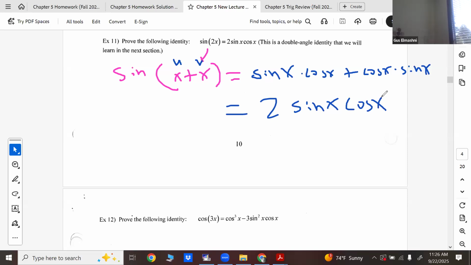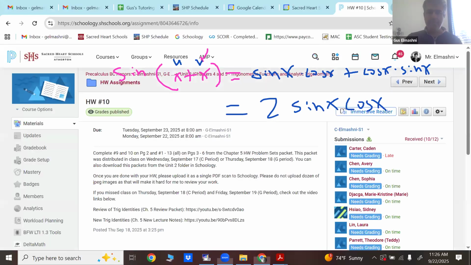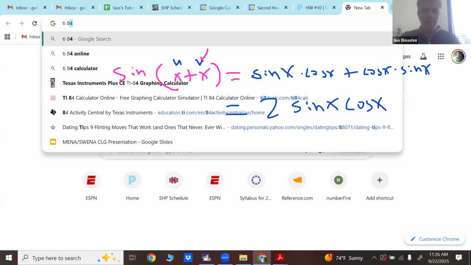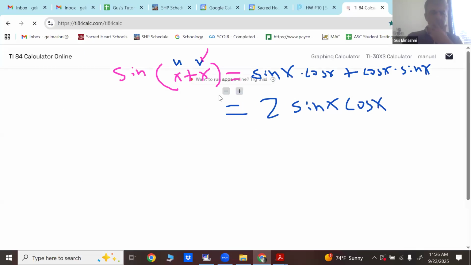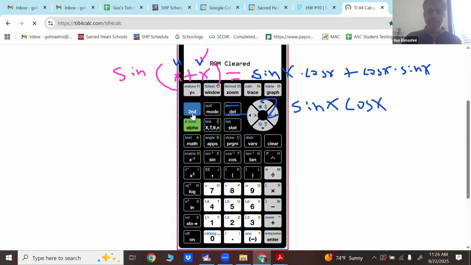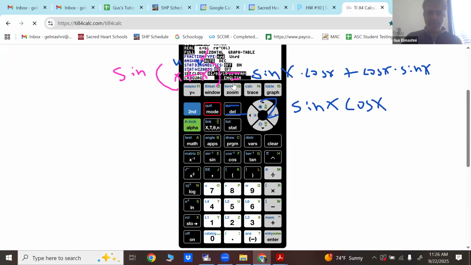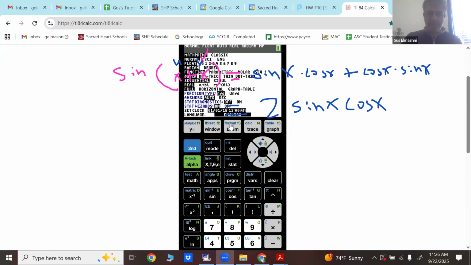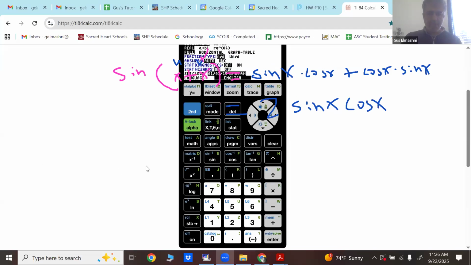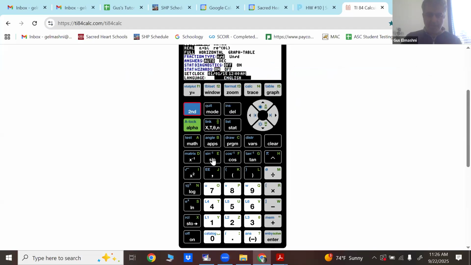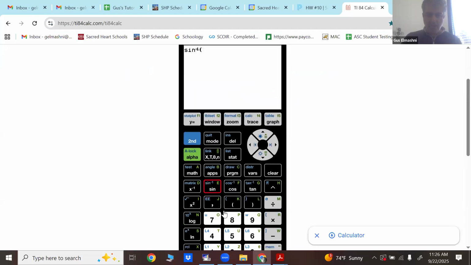In fact, if I were to solve for angle x on the TI-84 calculator, there we go. Let's switch my mode to radians. If I did inverse sine of 4/5.